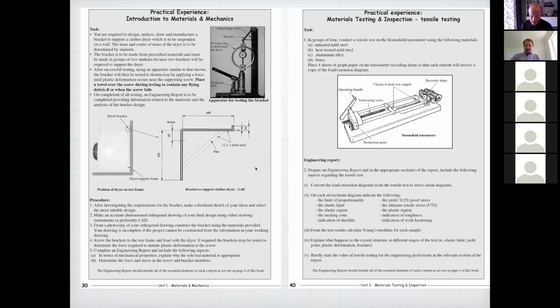The outside layers have been in massive compression. And when you exceed that compressive strength of the outer layers, the energy is transmitted to the rest of the glass, and it just explodes into small, harmless pieces. And then I'd explain how thermal toughening is done, and then chemical strengthening.